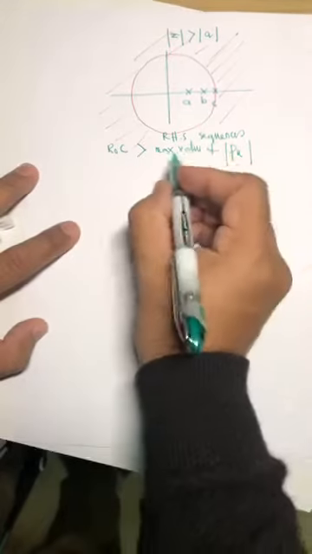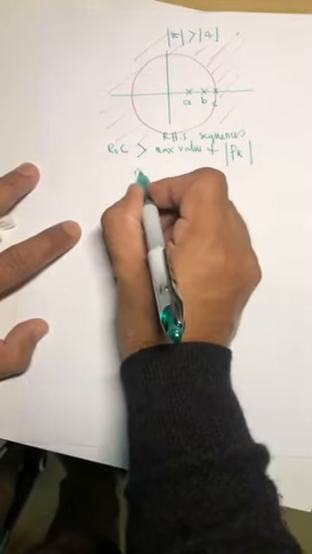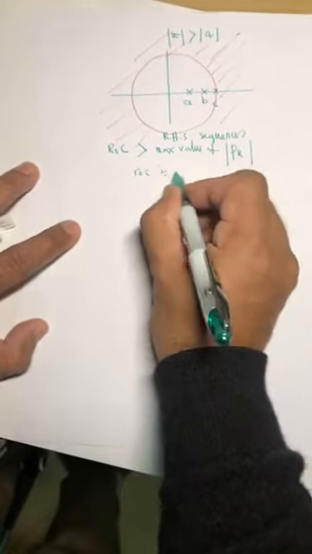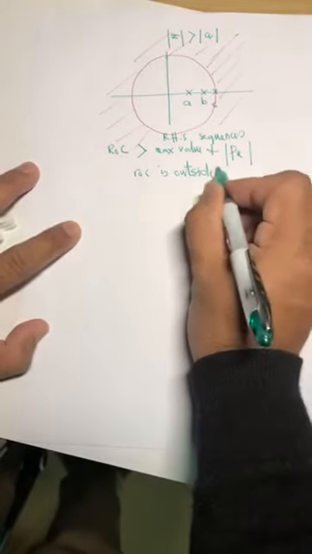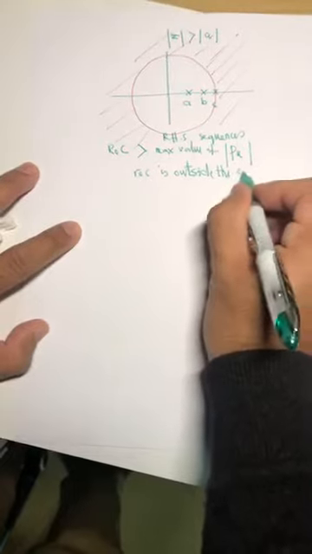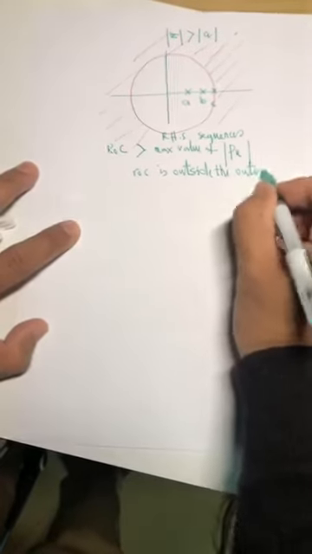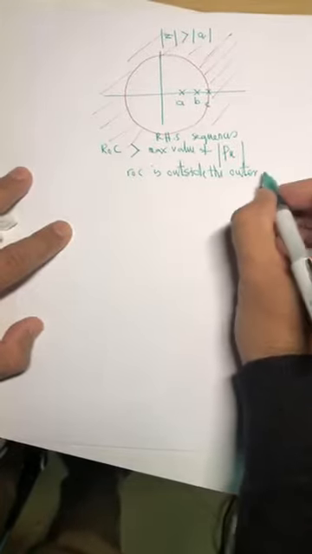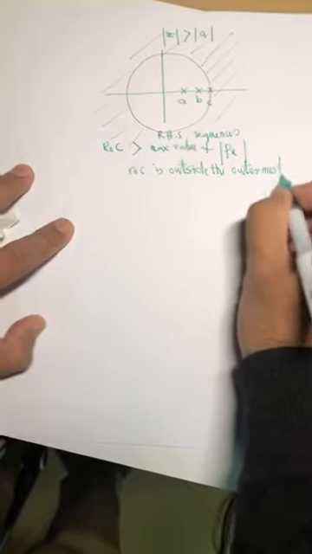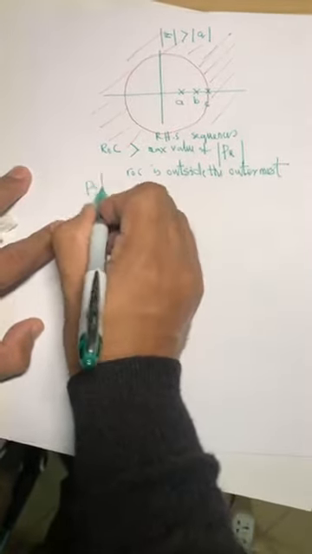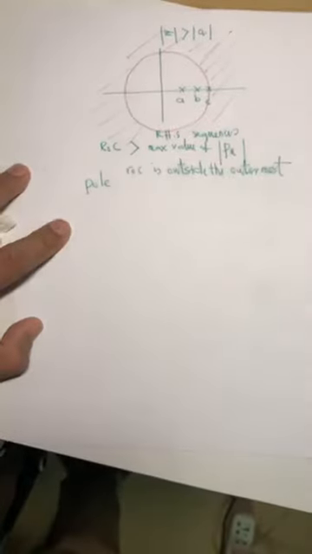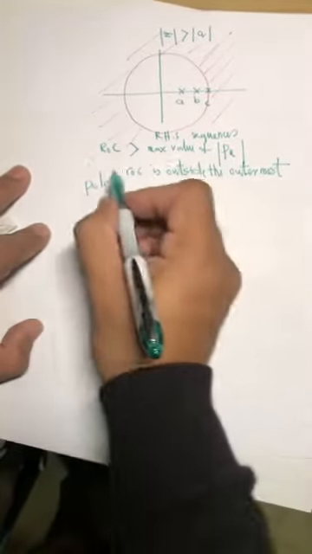So for right hand side sequences, region of convergence is outside the outermost pole. So this is important.